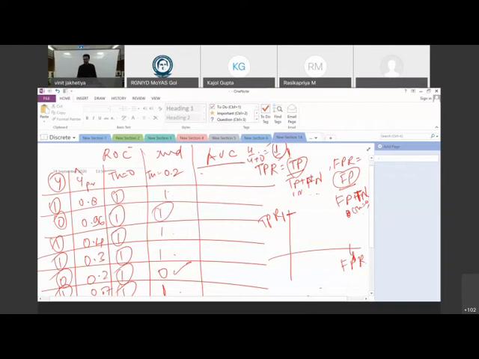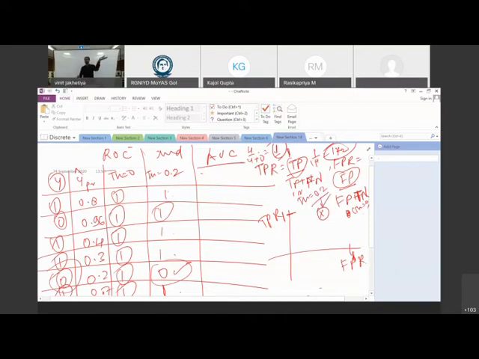So 1 divided by 1 plus true negative, which means predicted is negative and originally it is negative. True negative is 1. So it is half. So let's say FPR is half. This is another scenario, for threshold equal to 0.2.